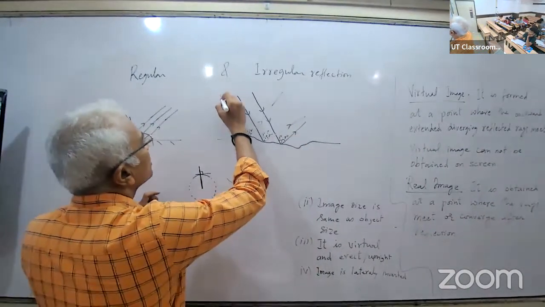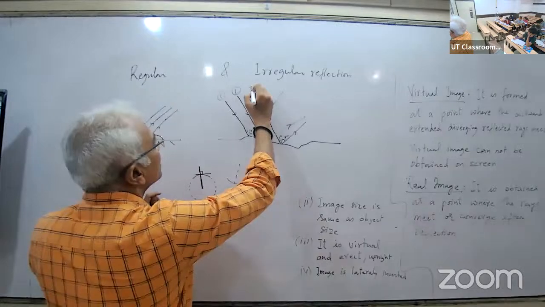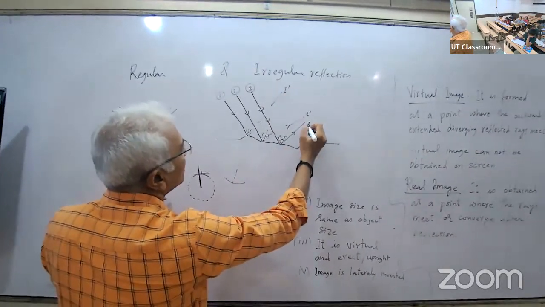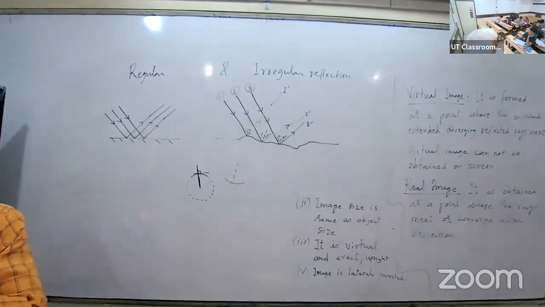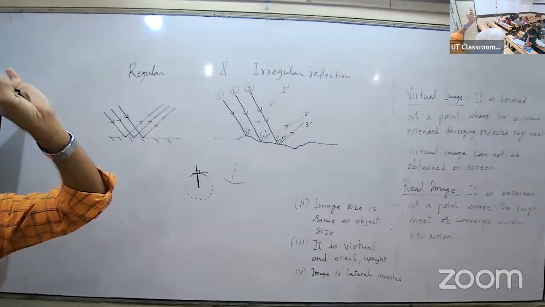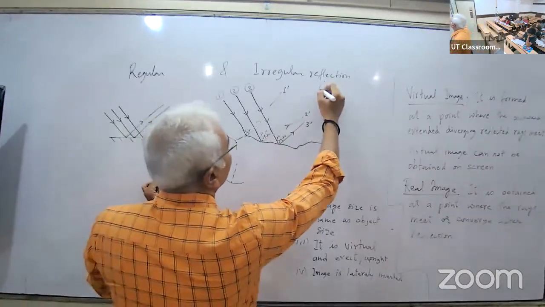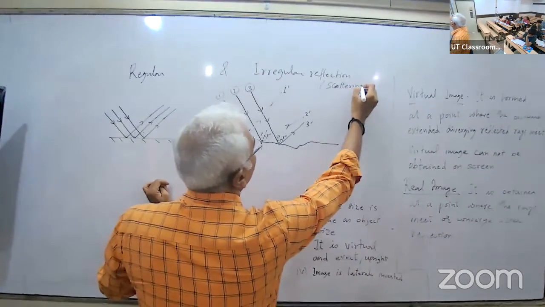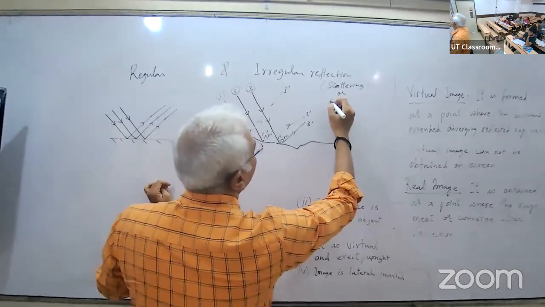So if these are incident rays 1, 2, 3, the reflected rays are 1 dash, 2 dash, 3 dash. Are they parallel to each other? This kind of reflection is called irregular. It is also called scattering of light, or diffuse reflection.